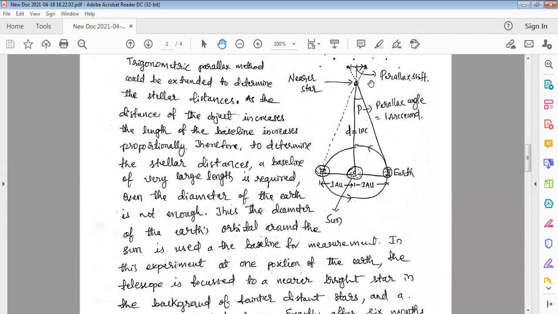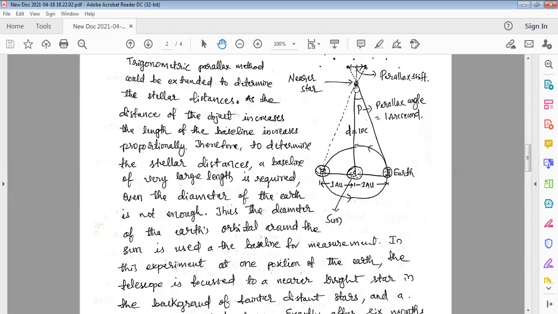A triangle is formed here. In this triangle, you choose this right angle triangle. In this right angle triangle, this distance is known. That means the distance between the Sun and Earth is known, which is 1 astronomical unit.